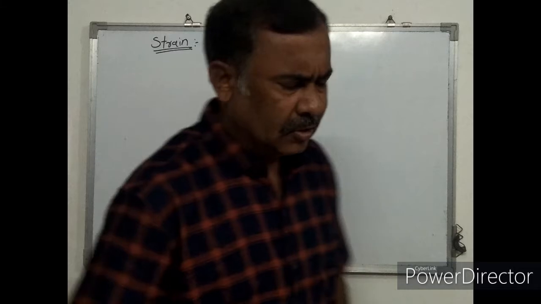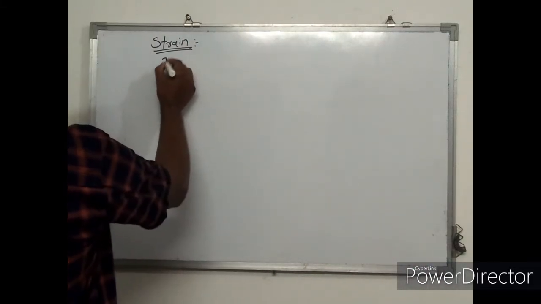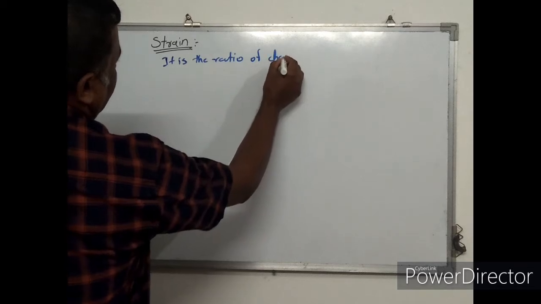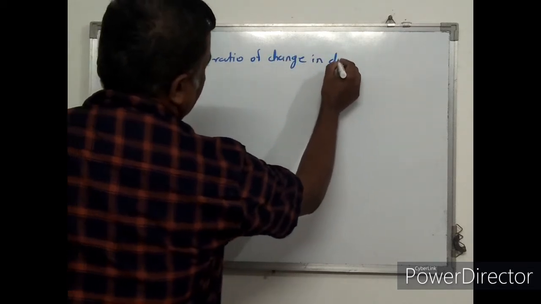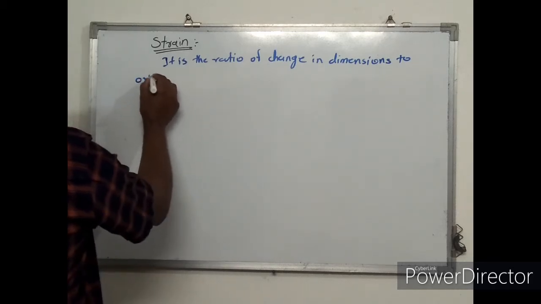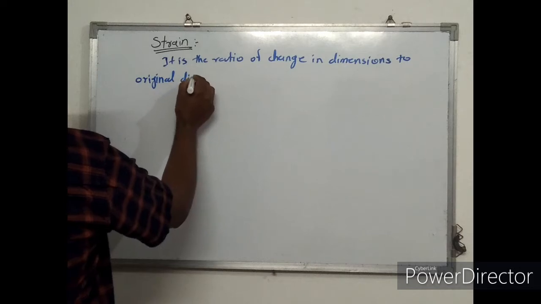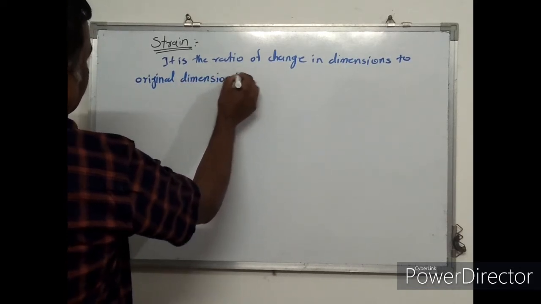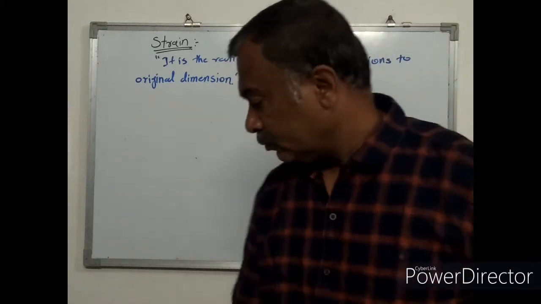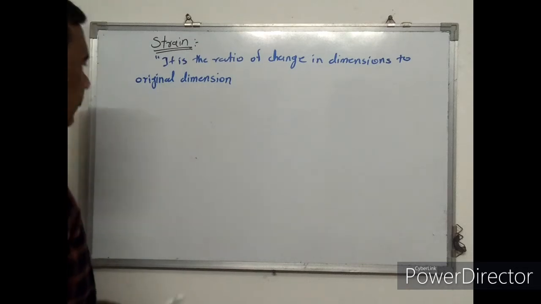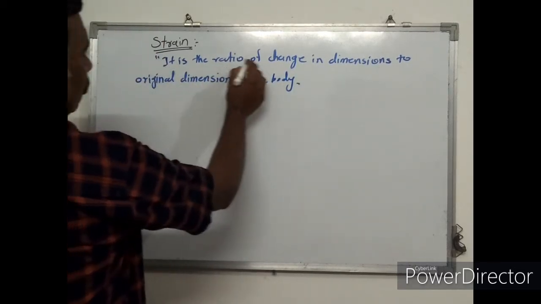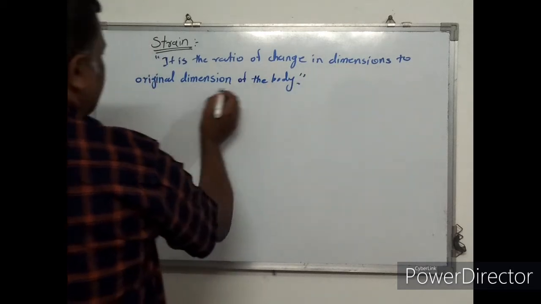Strain is the ratio of change in dimensions to original dimensions of the body. This is the definition of strain.